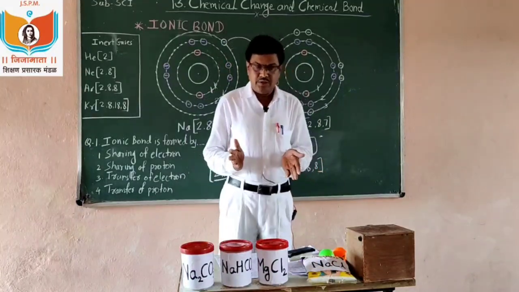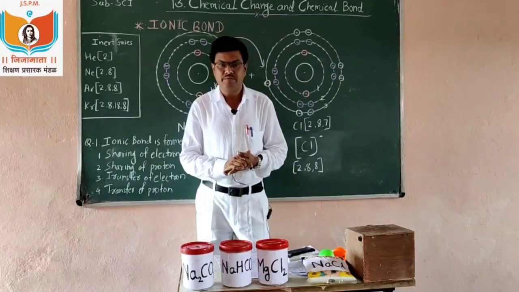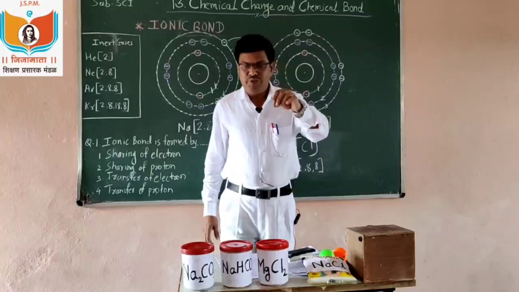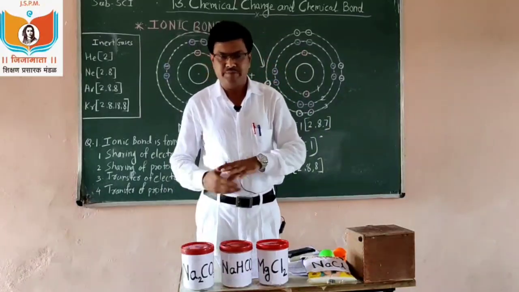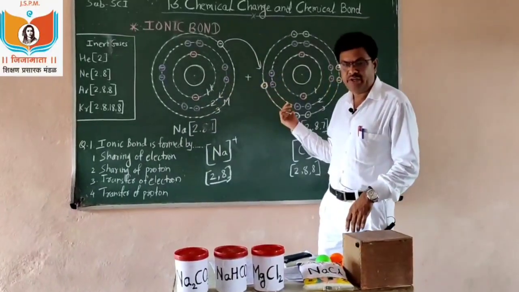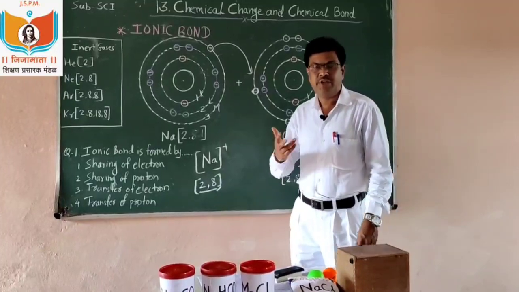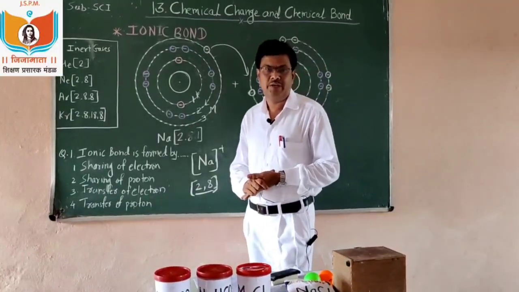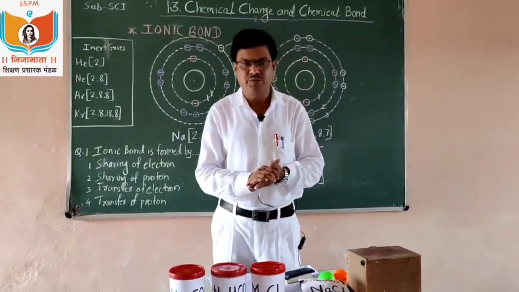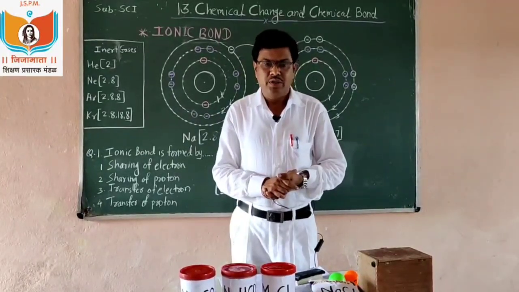Thus, students, we have seen that the complete transfer of electrons takes place. Sodium transfers this electron to chlorine, and chlorine accepts this electron from sodium. Whenever there is a complete transfer of electrons and the bond is formed, such a bond is called an ionic bond.